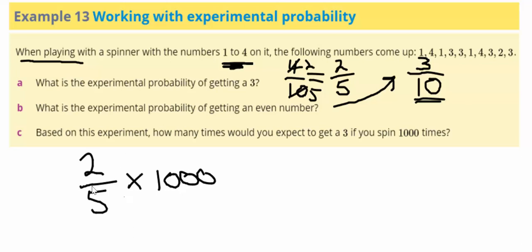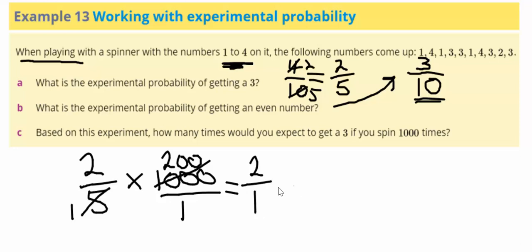Now I could do all this, cancel things out and multiply it that way. Actually, I will do that. Let's do it as if we're multiplying our fractions together. I'm going to simplify with the 5 and 1,000. 5 goes into 5 once. 5 goes into 1,000 how many times? 200 times. So our fraction is now 2 over 1 multiplied by 200 over 1.